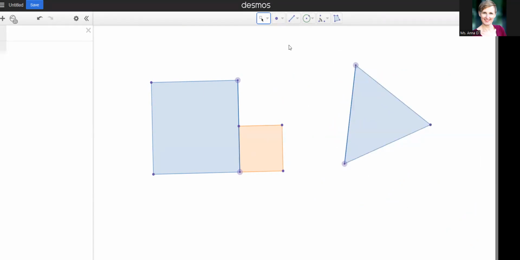All sides are equal. I can go on and find a midpoint. I don't think I clicked on the midpoint. I should select midpoint.